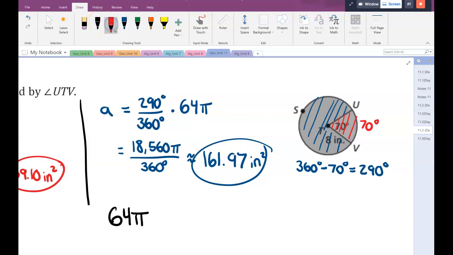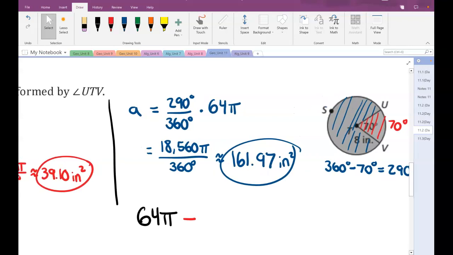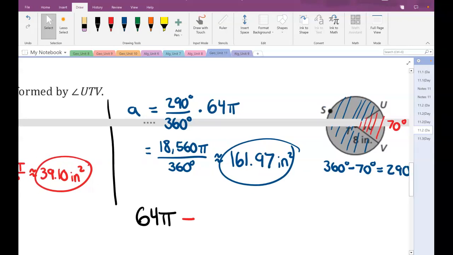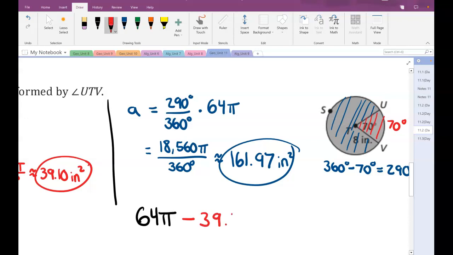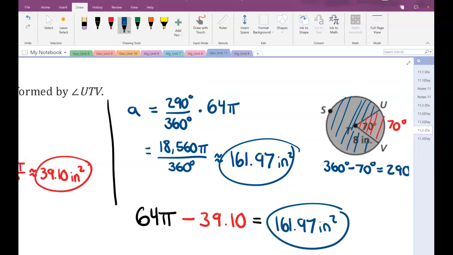You could just subtract off the area of your red segment, 39.10, and you would get out the same thing, 161.97 inches squared. So a lot more efficient way to do it, but it's good to have the conceptual understanding of the formula way.